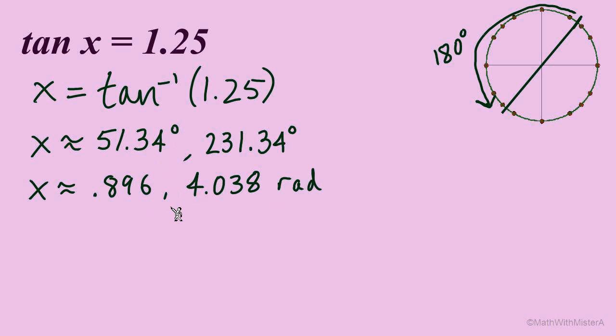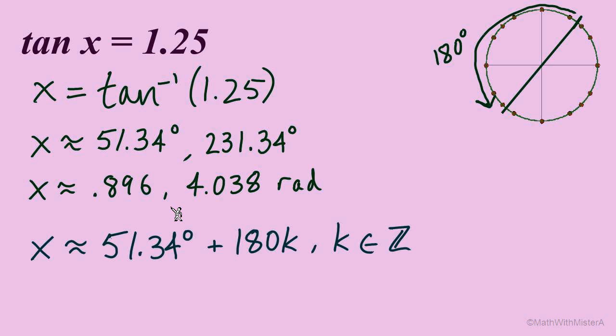Don't assume degrees. I do want to talk about, with tangent equations, how do we represent all the solutions, because we can do it in a little bit more of an efficient way than how we did it with cosine or how we would do it with sine, which would be the same way between those two. Think about why this would be sufficient for representing all the solutions in degrees for this equation.